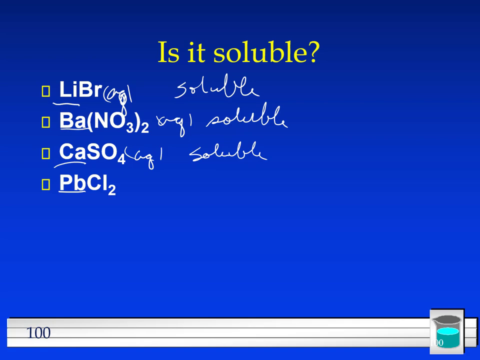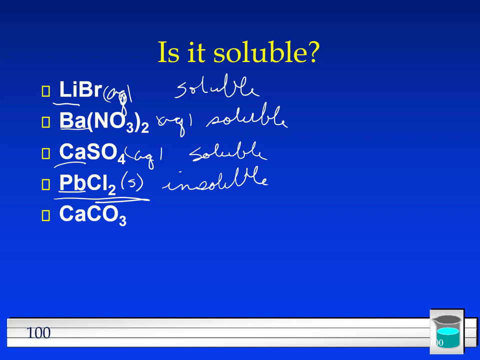Is this one of those? Yeah, so because it's an exception to the soluble, that means it's going to be a solid. It's going to be insoluble. And that would be our precipitate. This would be our reason for something happening. It made lead 2 chloride. Remember, it's got to make a solid or it's got to make water. This is how we're going to know it makes a solid.